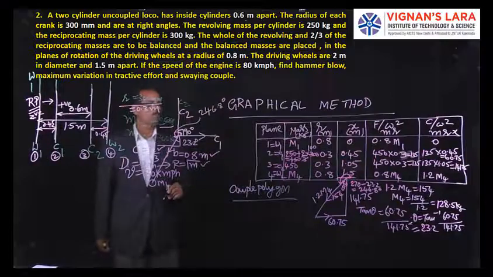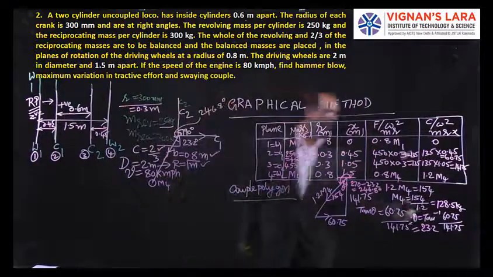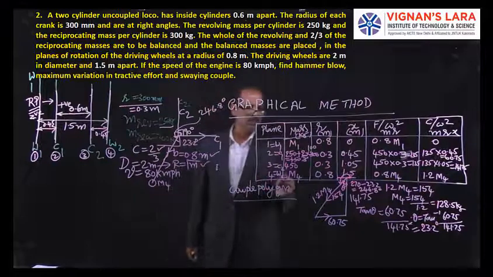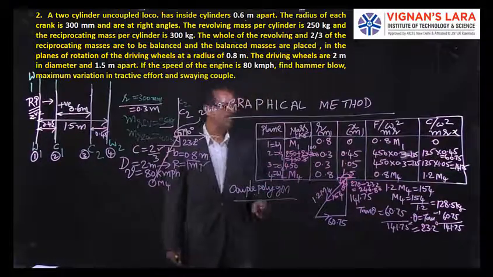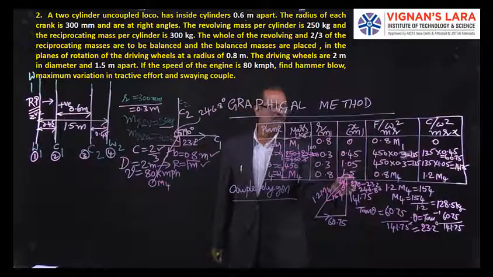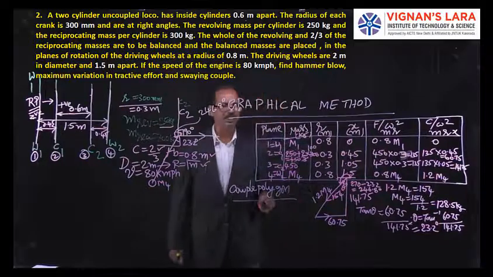So from the couple polygon you get the mass 4 and its angle: 23.2 is here, 270 minus 23.2 gives you 246.8 degrees.